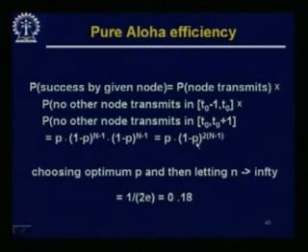So, p into (1 minus p) to the power 2 into (n minus 1). So, choosing optimum p and then letting n tend to infinity gives us an efficiency of 1 by 2e or about 18%. So, this is a rather low efficiency for transmission, but that is the efficiency that you get with unslotted pure aloha.